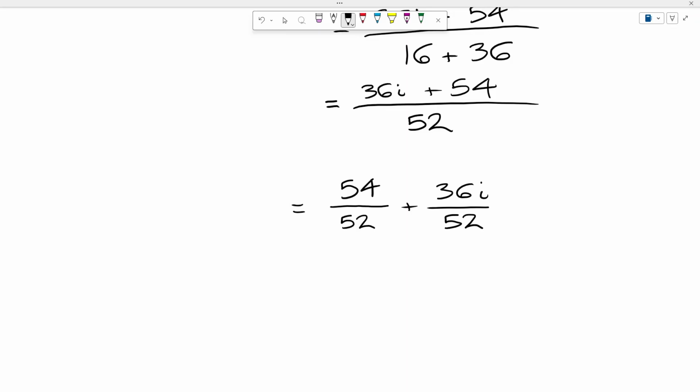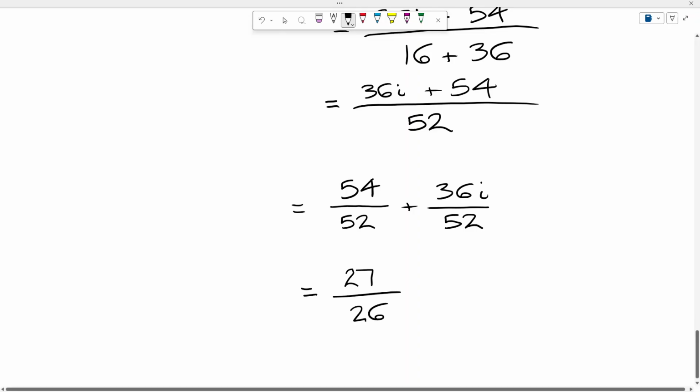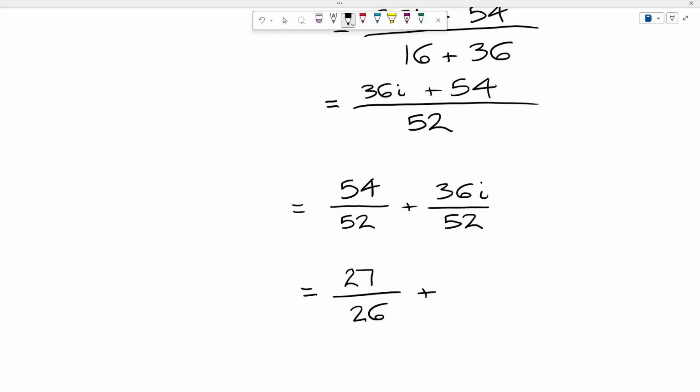And if we wanted to, we could take it one last step further to simplify, because we could divide 54 and 52 by 2. So that would get us 27 over 26. And then on the right side, 52 divided by 2 is 26, but we could divide that by 2 again.